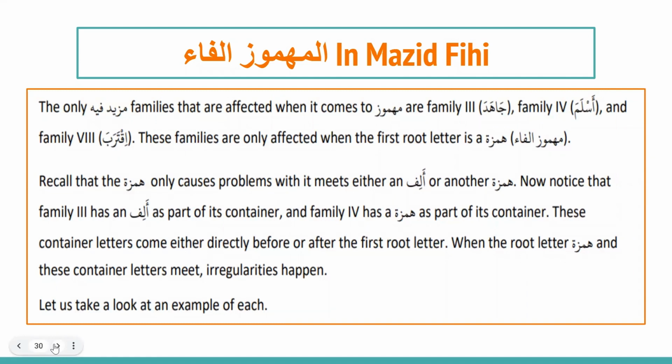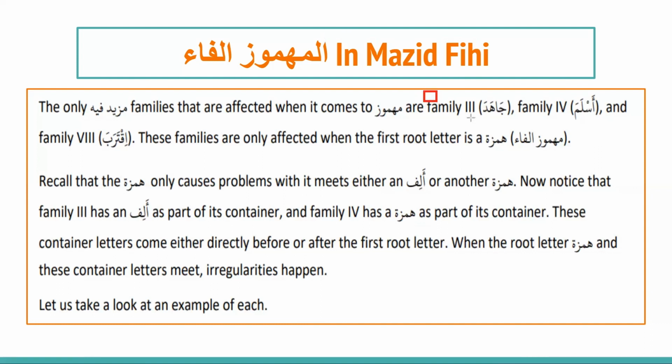Okay, now Mahmoozul fa in Mazid Fihi. The only Mazid Fihi families that are affected when it comes to Mahmouz are family 3, family 4, and family 8 out of these 9 families.